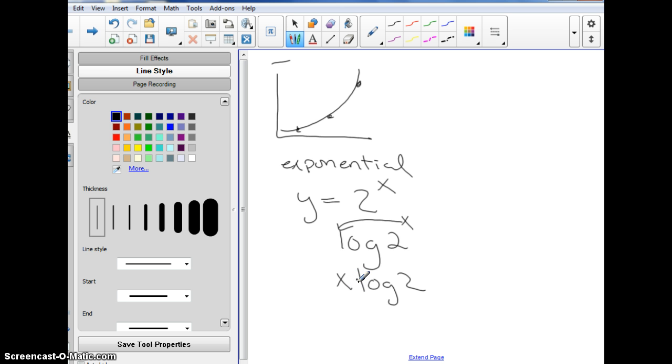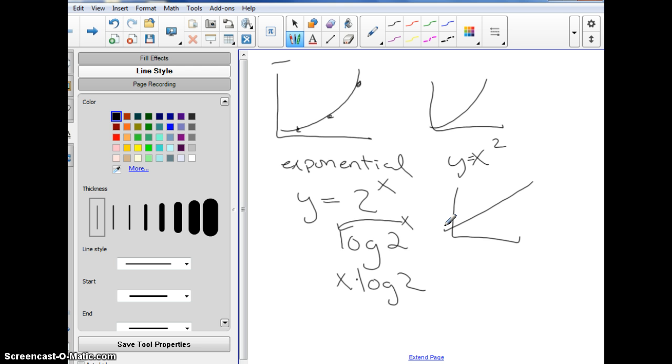With the coefficient being log 2 times the variable, this will make the equation go linear. Let's think of another example. If you have x squared, you could square root the y values, and then your new function would become linear if you square rooted your output. So that's what we're going to do.